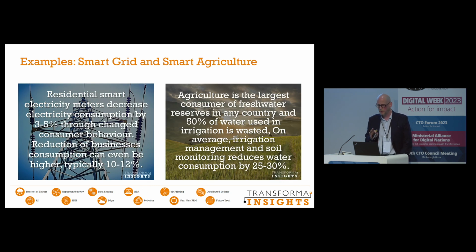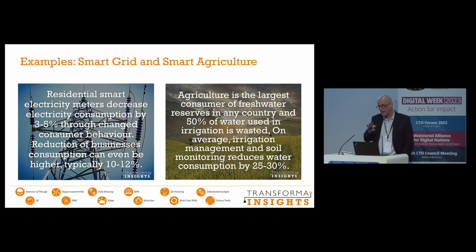And the final couple that I wanted to talk about, smart grid and smart agriculture. Smart grid, really the most significant deployments within a smart grid context are smart metering rollouts. And we tend to see that electricity consumption reduces by 3 to 5% as a result of deploying smart meters, just by virtue of changing patterns of user behavior, because they see how much electricity they're using and they adjust their behavior accordingly.